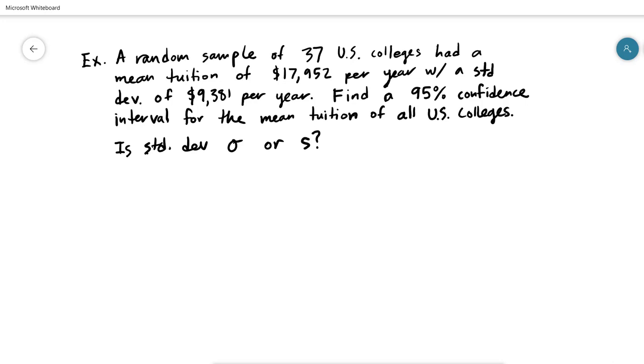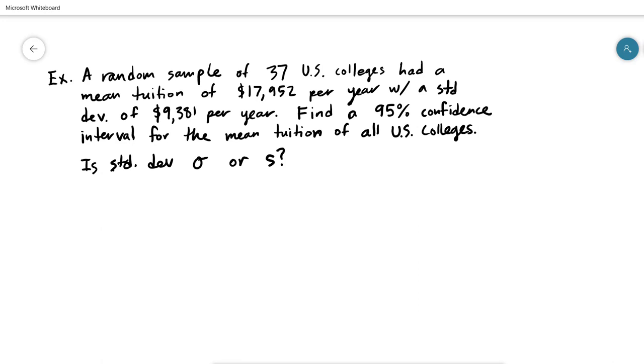So when we look at that 9,381, is that referring to just those 37 schools in the sample, or to all U.S. colleges? Based on the way it's phrased, it's clear it's talking about those 37 U.S. colleges with a mean tuition of 17,952 and a standard deviation of 9,381. So in this case, it turns out that we have s.